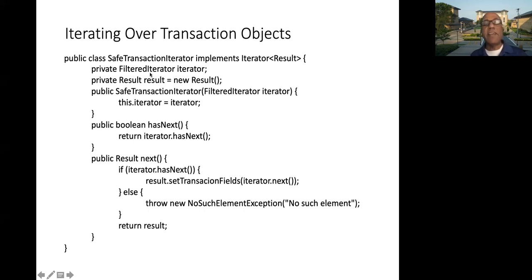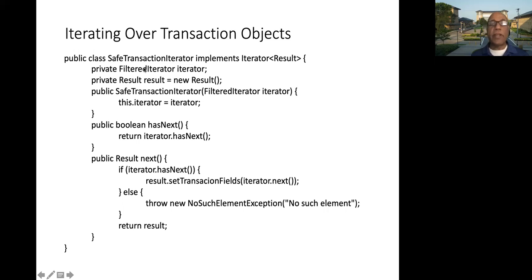So we have a safe transaction iterator, which uses a filtered iterator so that it only picks transactions that satisfy a certain criterion, and also copies the transaction fields to a result object. So this is very much like safe book iterator, but it uses a filtered iterator instead of an ordinary iterator.